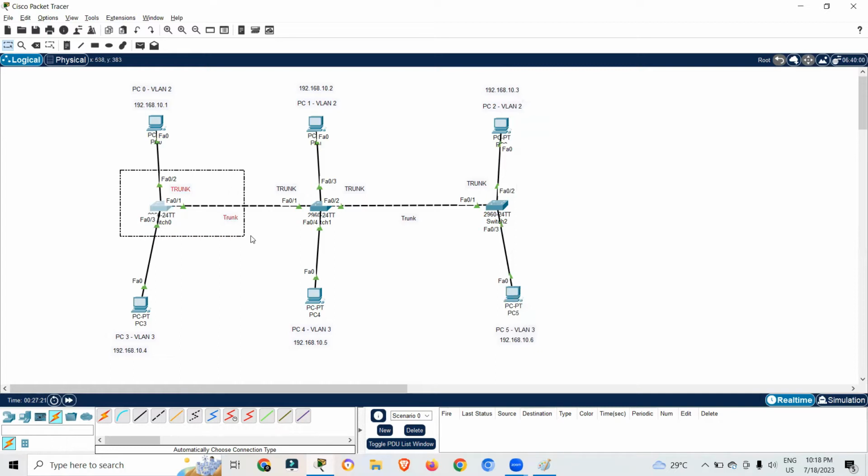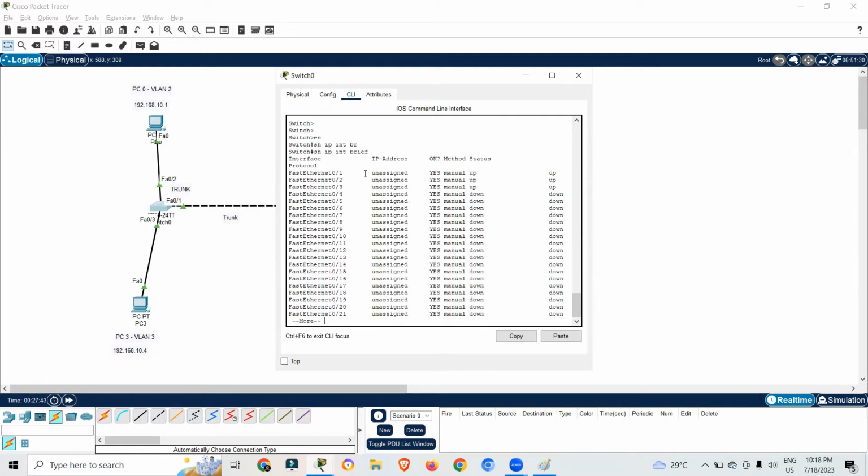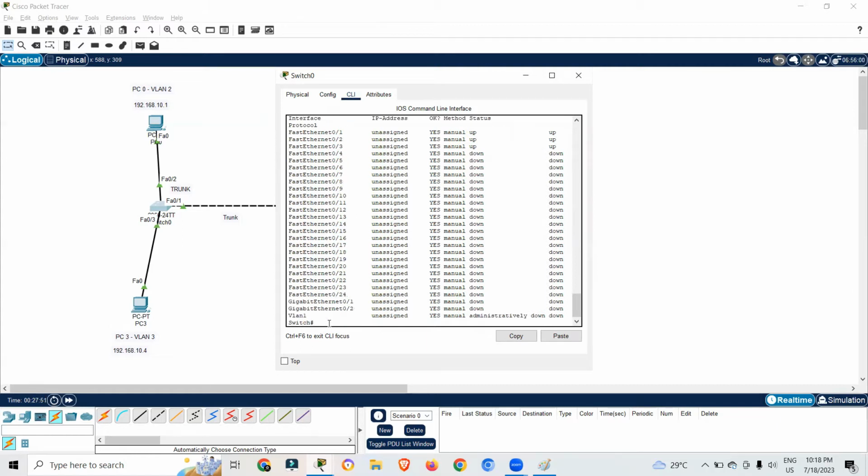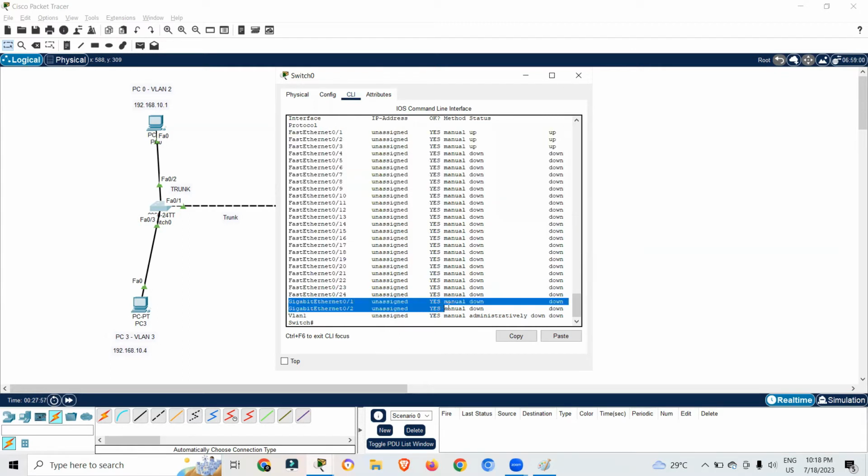Dear, if you want to check the status of interfaces, how can you check it? There's a command to check the interfaces. Enable, show ip interface brief. You can see that my switch has 24 Fast Ethernet ports and one gig port, and VLAN 1 is available there.